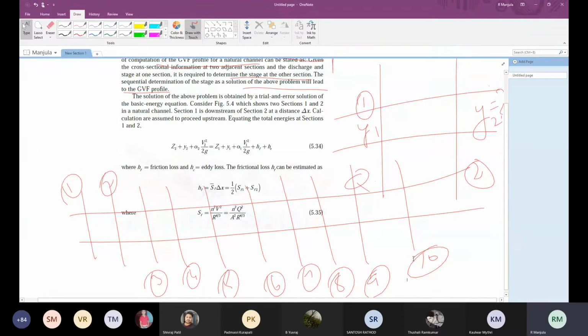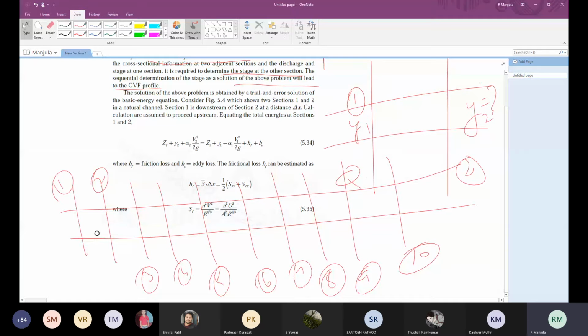So suppose I am having 10 sections across the reach. I know my Q at section 1, Y1 is known, and Y2 I am able to find out. If I am finding Y2 at section 2, then similarly for section 3, Y2 is known, Q is known, other cross-section information of section 2 is known.